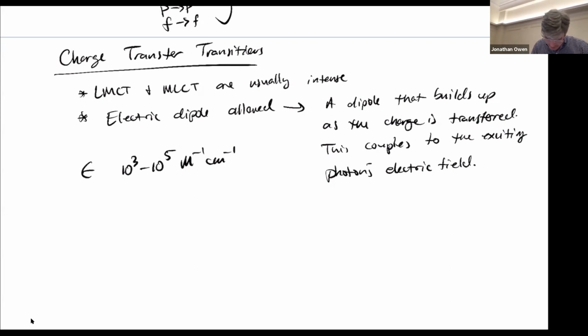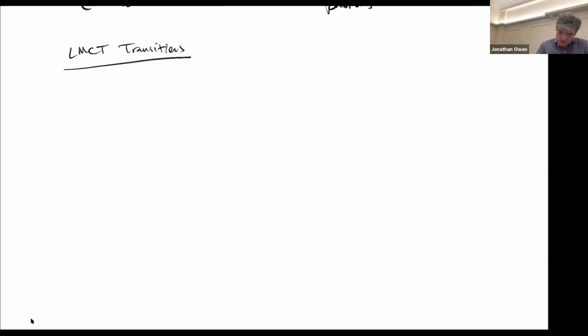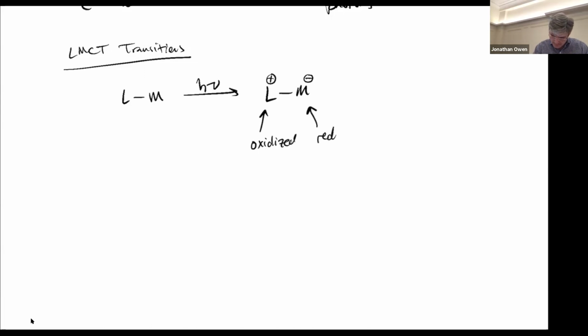Let's talk about LMCT for a minute. So you start out with some metal ligand complex, you add a photon, and then the product looks like this, where you've transferred an electron from a ligand to the metal, and the ligand gets oxidized and the metal gets reduced.